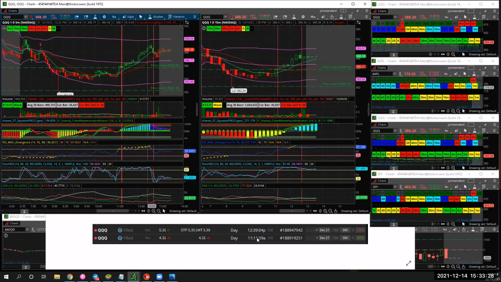I live in California, so 11:11 Pacific Standard Time, I got into this trade. I've learned it's always best to buy out of the money call options when you're going long because they're cheaper and you can actually make more money with them, believe it or not, and it also limits your losses.